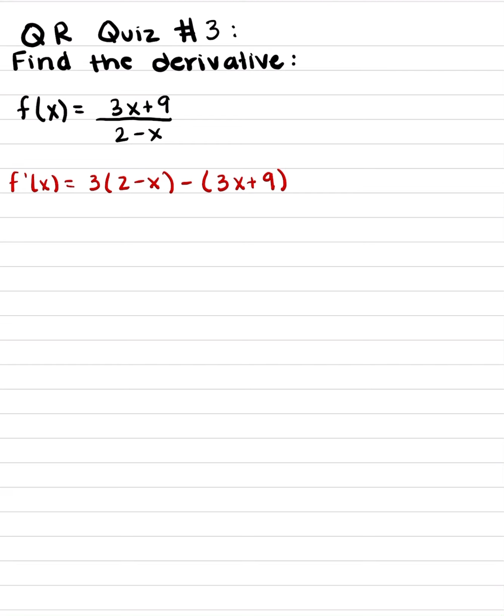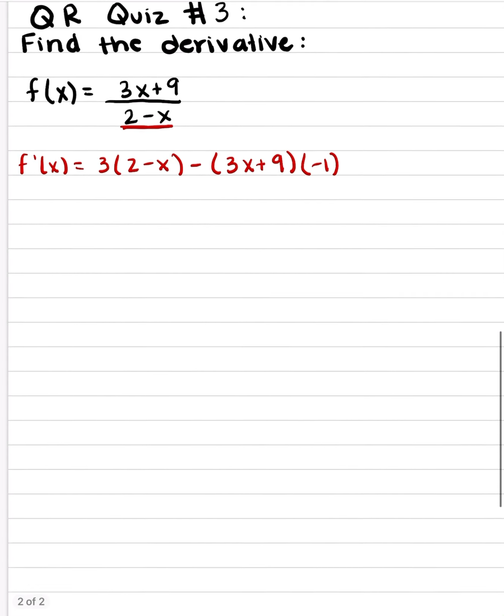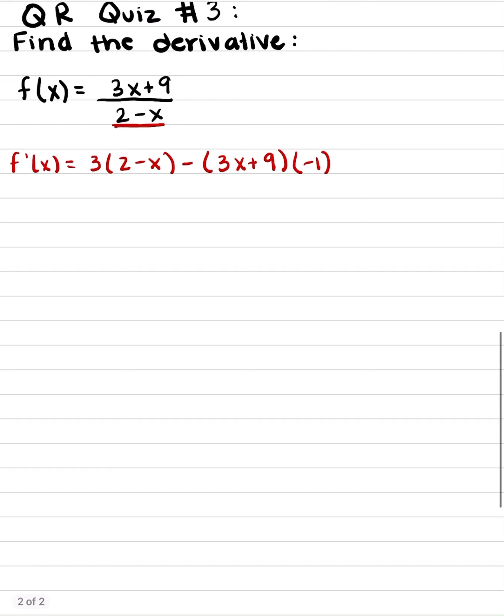And then we get the derivative of this bottom term now, which is just -1. Okay? Next, we divide all of this by this bottom term again, just squared. Like that.